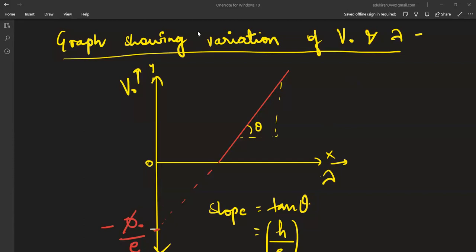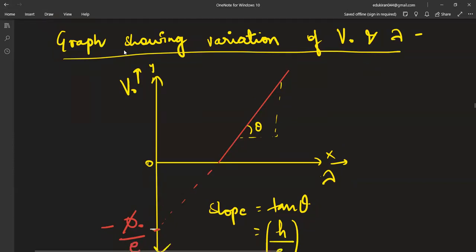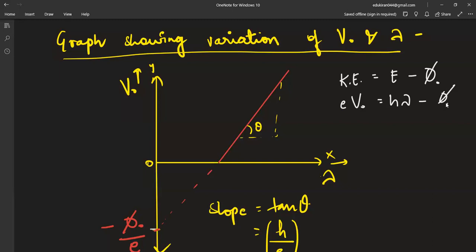See, we use the equations which we have already done. The kinetic energy is equal to energy minus work function. Kinetic energy is written as e V naught, energy is written as h nu, and work function is written as phi naught.